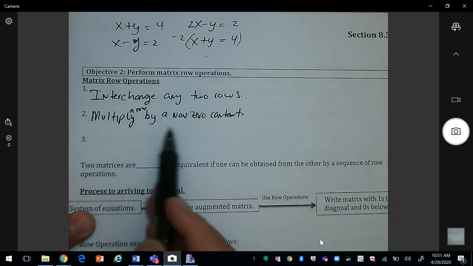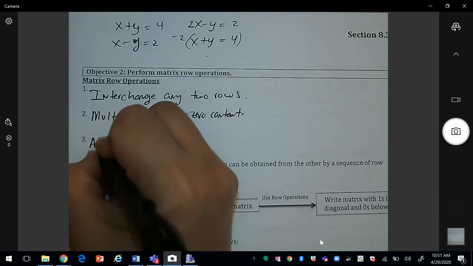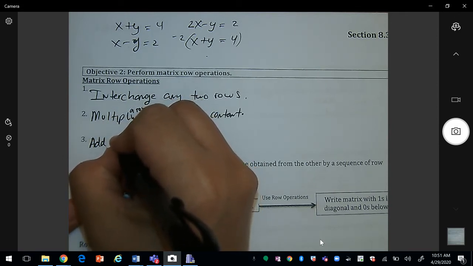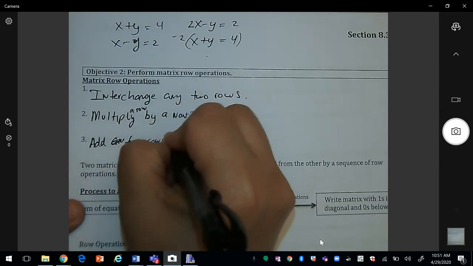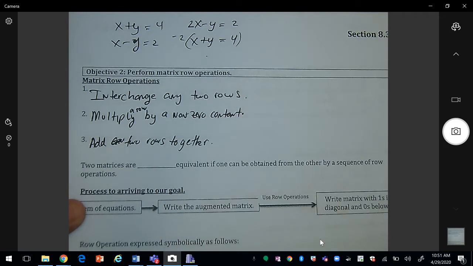And so that is similar to what we'll be doing with the matrices. And then number 3, we can add two rows together.